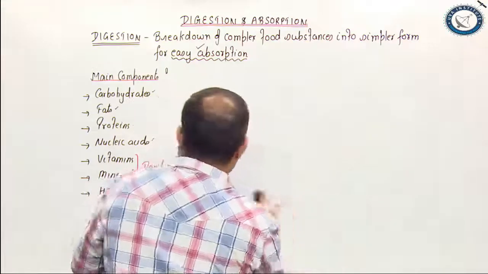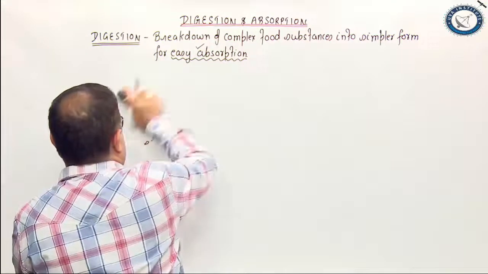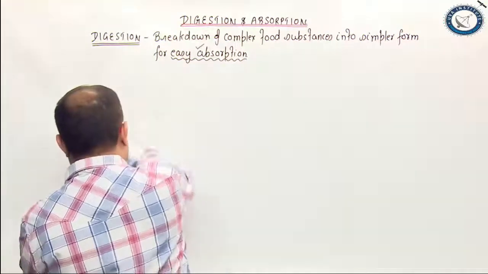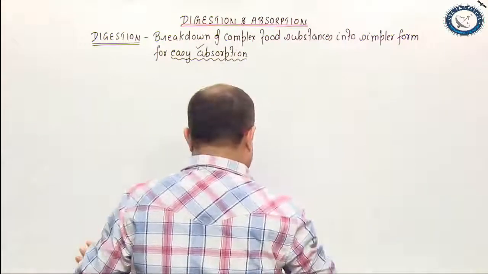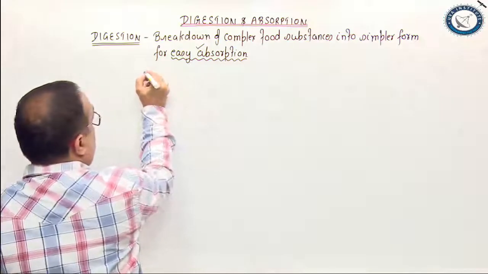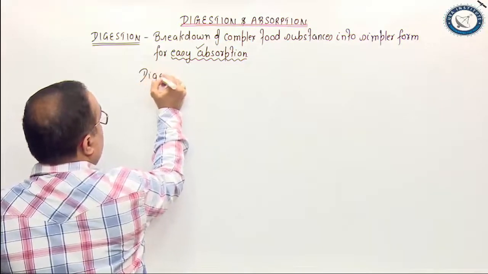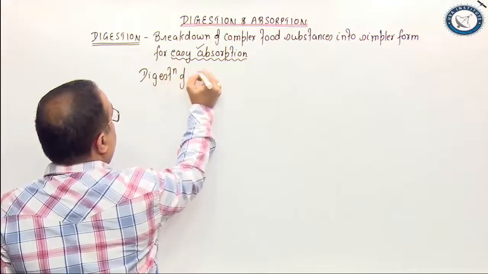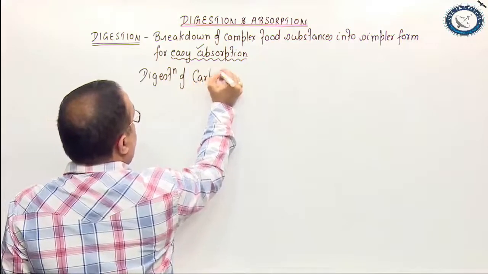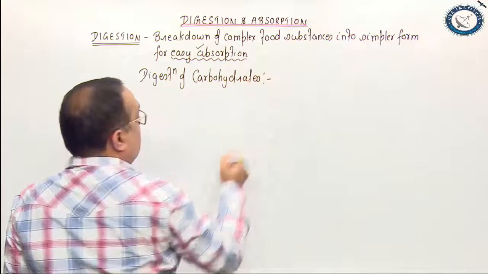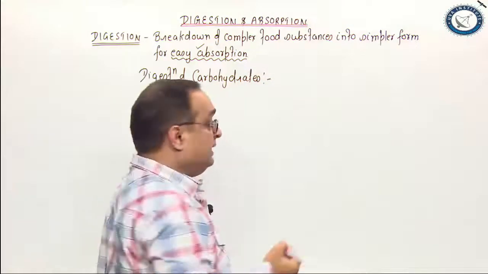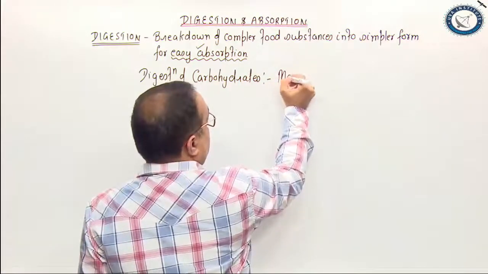The main carbs of our daily diet include starch, sucrose, lactose. So I'm writing here digestion of carbohydrates. And what are the main carbs of our daily diet? Let's write here.